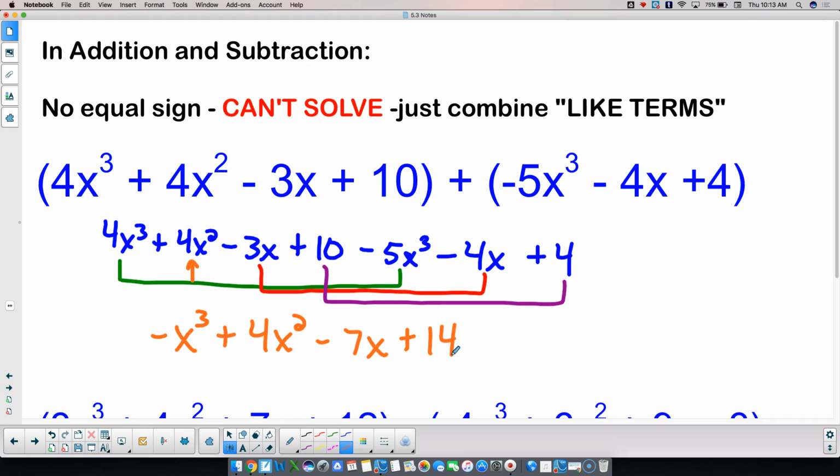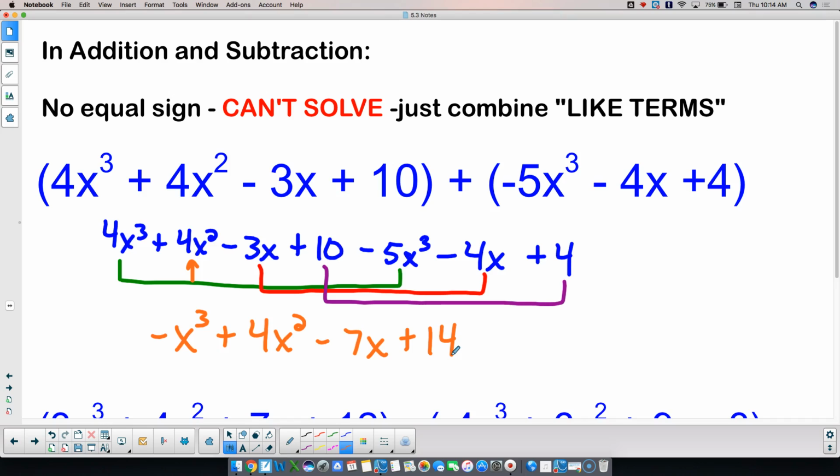What do you think? 10x to the 6th I got by negative 1 plus 4 is 3, minus 7 is negative 4, plus 14 is 10. x to the 3rd plus x squared plus x is x to the 6th.